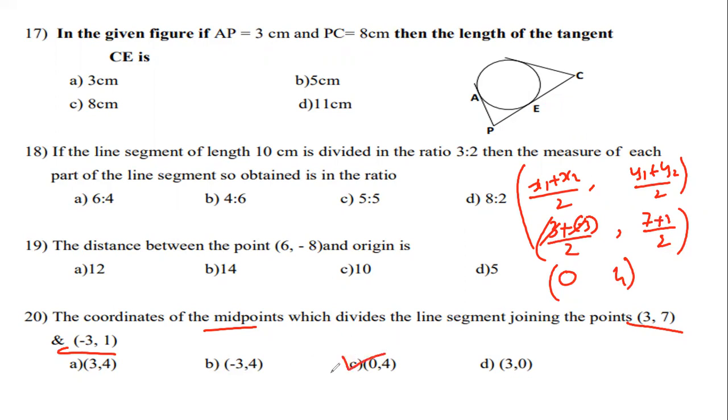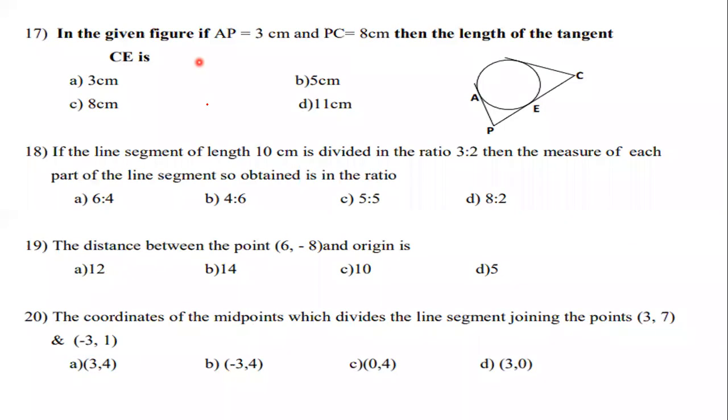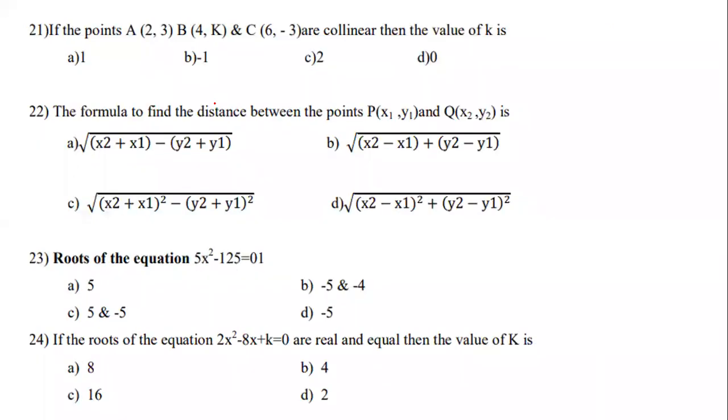Option C is correct. Next, 21st question. If the points A of 2, 3, B of 4, k, C of 6, minus 3 are collinear, then the value of k is dash. Okay, collinear, apply the slope formula.